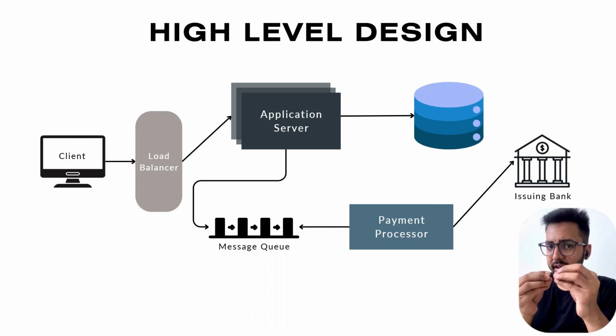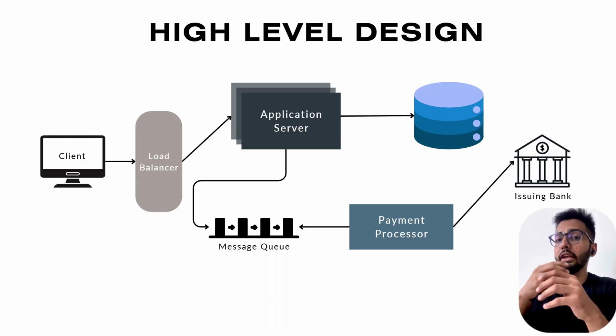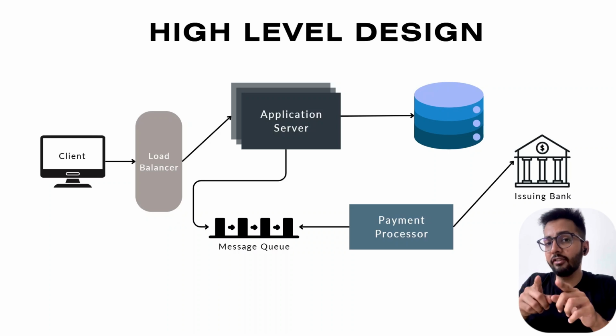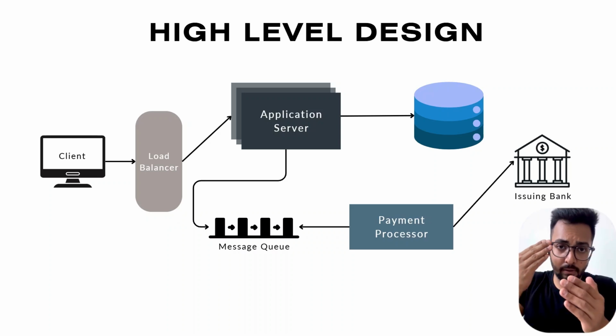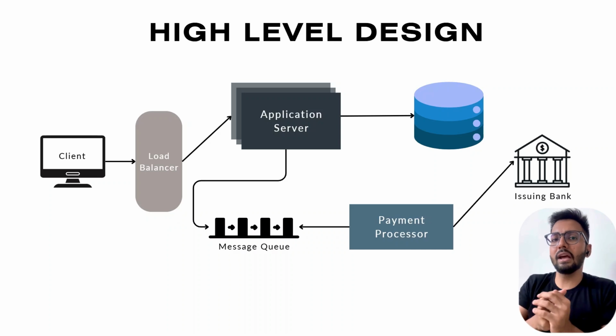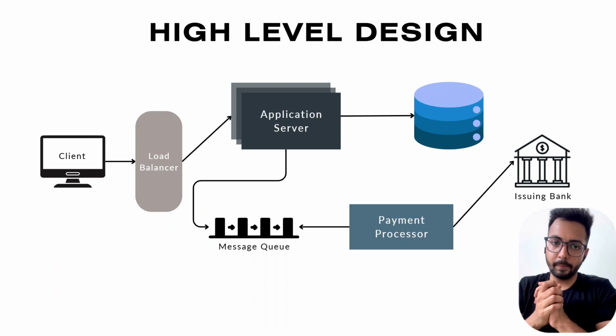Transaction details are then sent to a message queue, which the payment processor reads to connect with the issuing bank. Now the issuing bank confirms if the transaction is successful or not, the application server updates the database and notifies the merchant's website to show a success message to the customer.